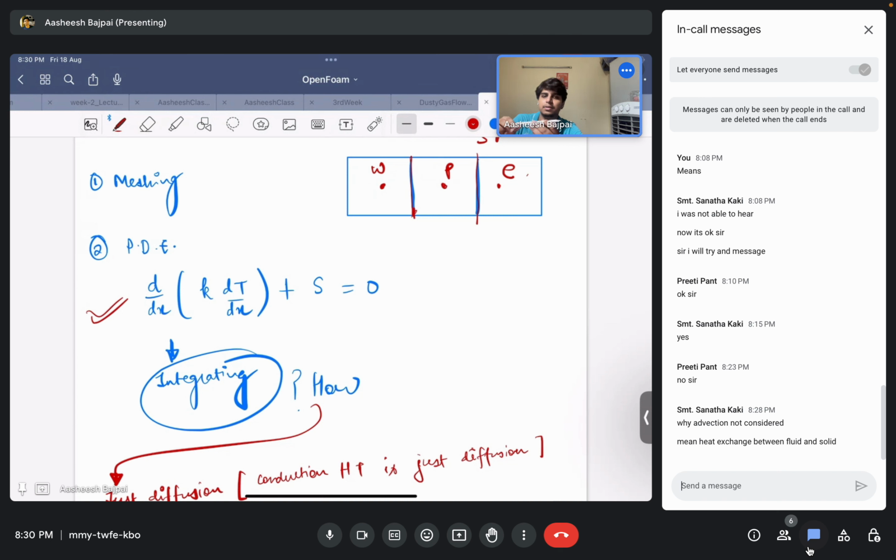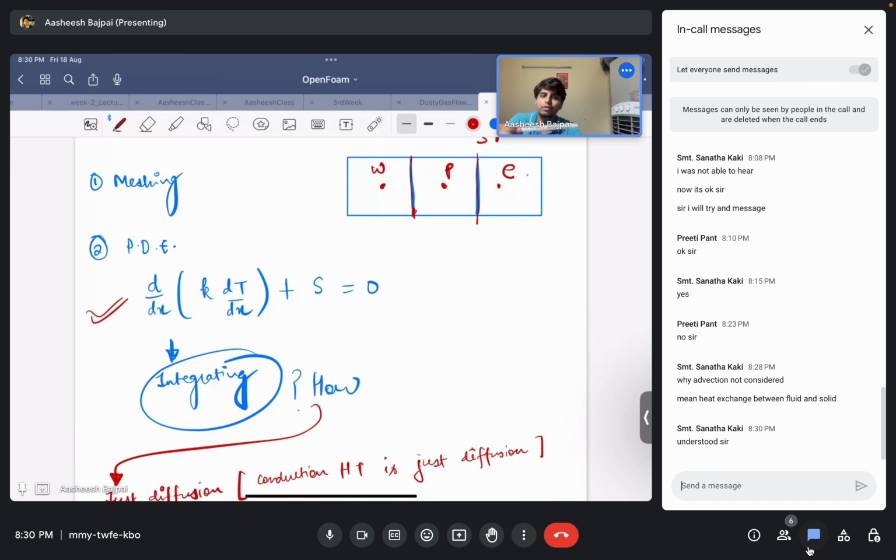But if I heat this rod from here, and the temperature of the whole pencil rises, it is due to conduction only. I have not done anything else. I just heat it from here, and the temperature of the whole pencil is rising. It's due to diffusion only.